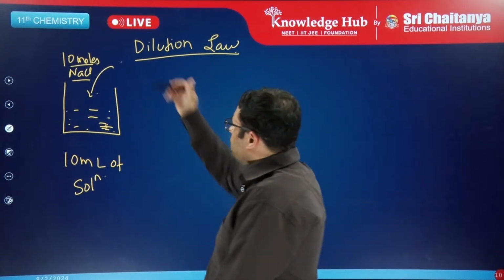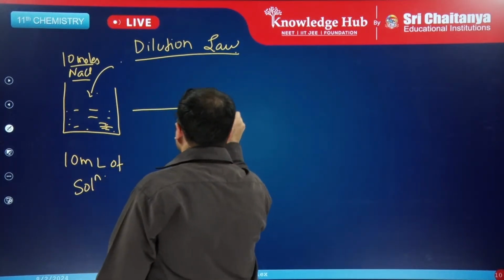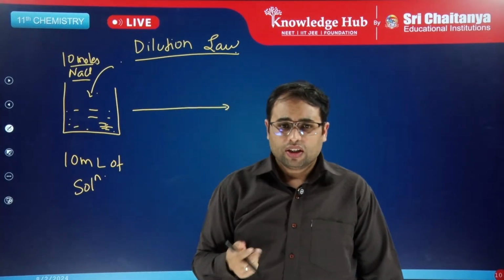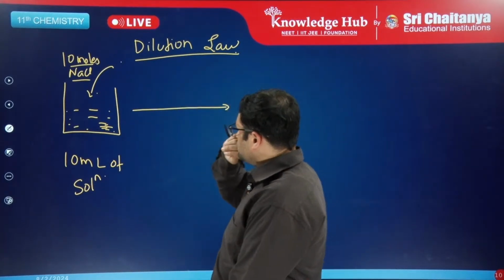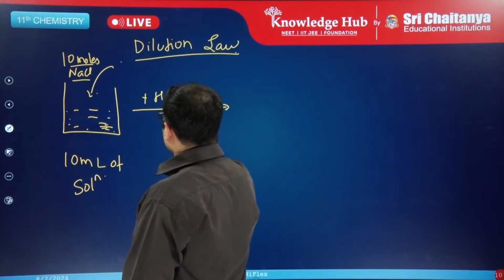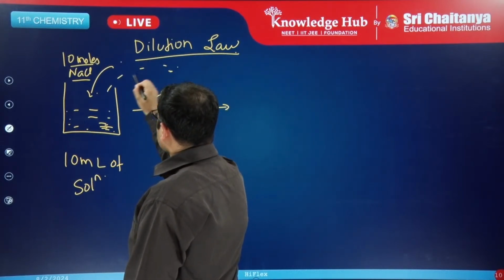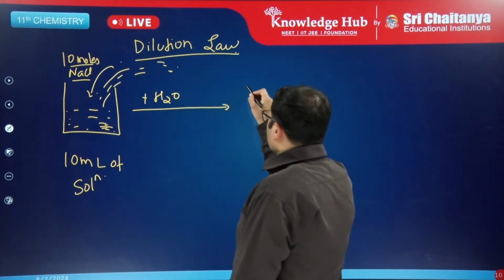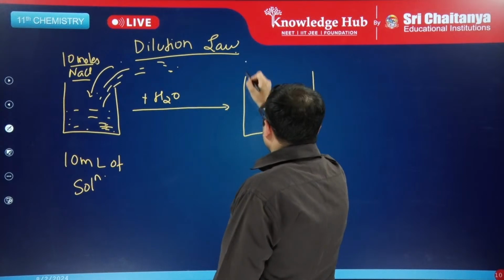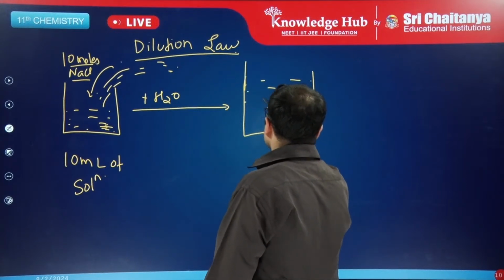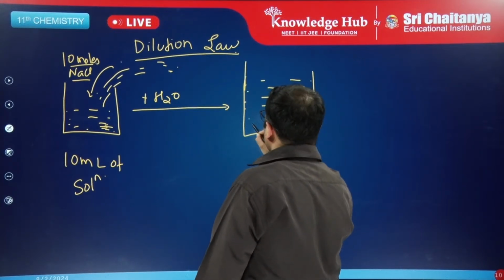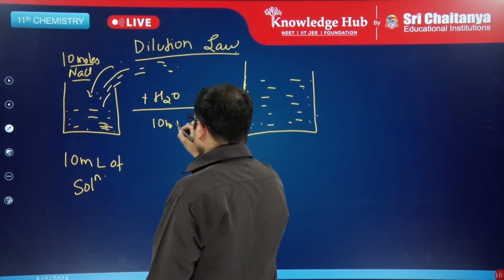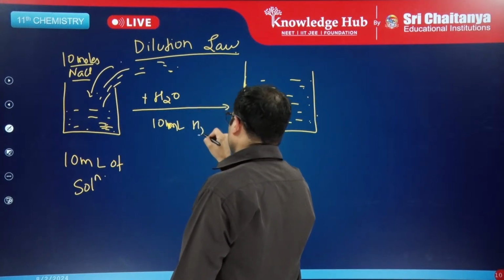Now suppose I dilute this solution. What do I mean by dilute this solution? There are two ways. First, I add more amount of water. So I pour water into this. Suppose I pour in 10 ml of H2O.